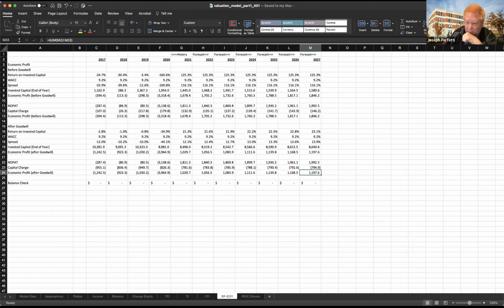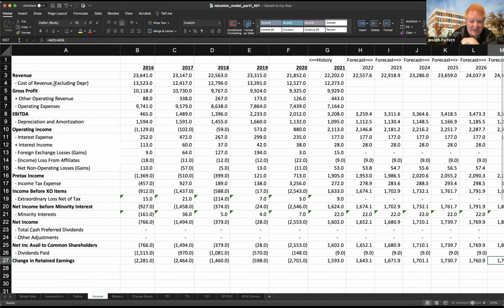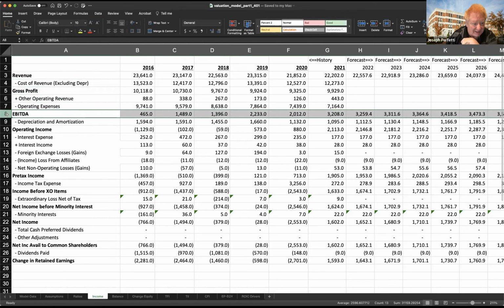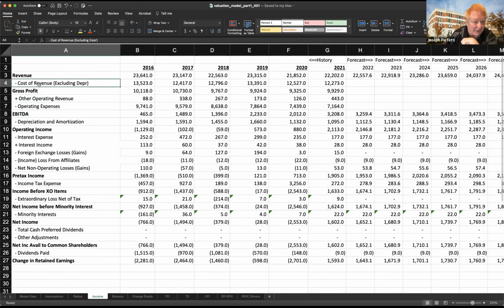Somebody else asked in the chat, why don't we forecast gross profit? Okay. So going back to the income tab, I'm skipping these for a shortcut because what the model really cares about is EBITDA. Okay. And we can forecast these to get to an EBITDA. As a matter of fact, these are the components of EBITDA, right?